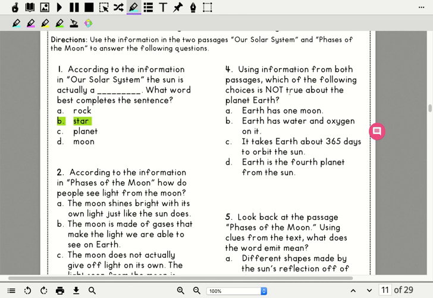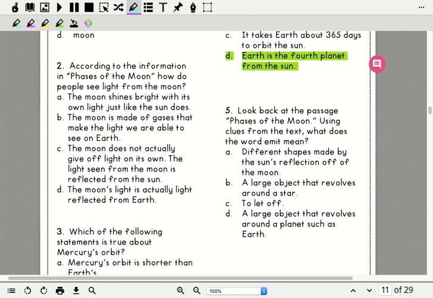It's asking us which is not true. It also tells us that Earth takes 365 days to orbit the sun. That's in our solar system in the second paragraph. But when I look at the picture for the order of the planets, I see Mercury, Venus, and then Earth. So Earth is actually the third planet, not the fourth. Since it's asking what is not true, this is the best answer choice.